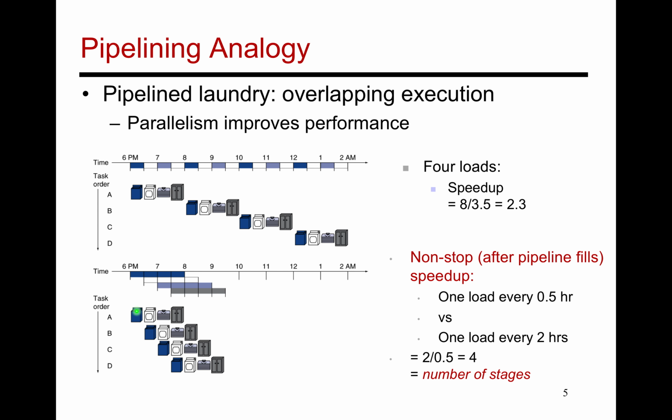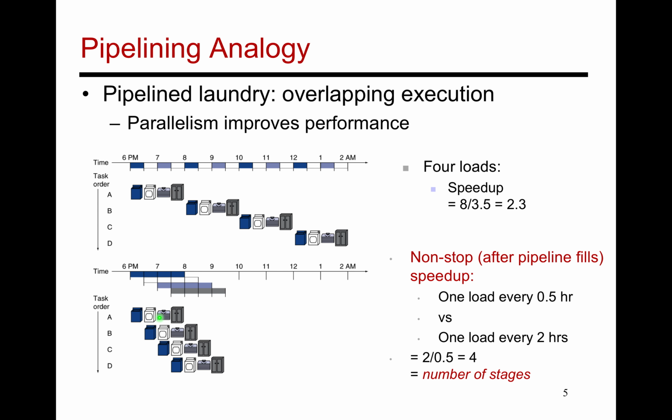Now, if I had, let's say, 1,000 loads of laundry to do, then this initial pipeline fill doesn't make any difference because it's so small compared to finishing 1,000 loads of laundry much faster. So because of that, the speed up of a pipeline is typically measured according to its saturation point, or when the pipeline is filled up.